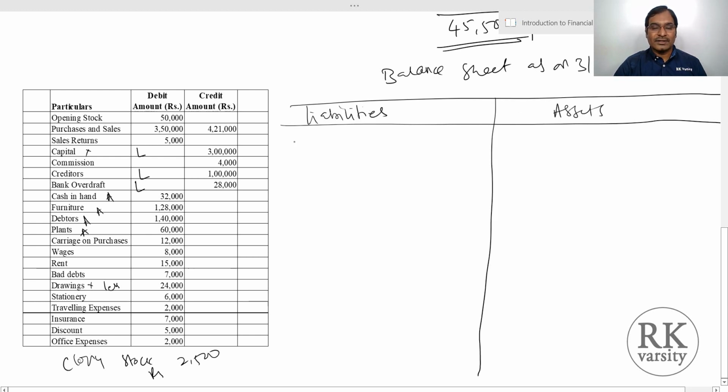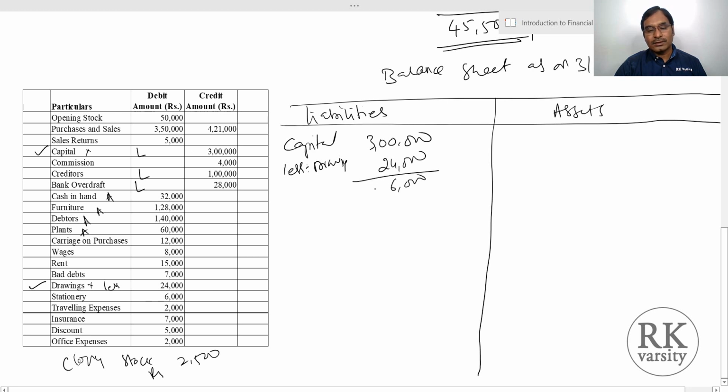First we look at the liability side. We have capital, which is 3 lakhs. From this less your drawings, that is the amount withdrawn by the owner for personal use. Drawings is 24,000.